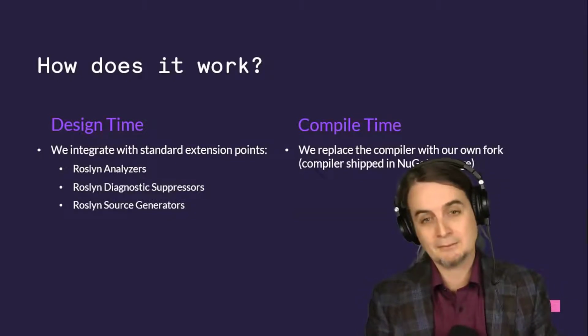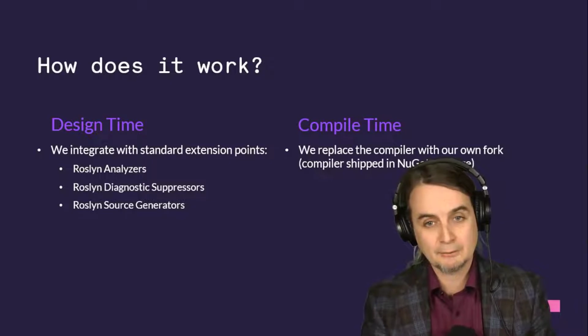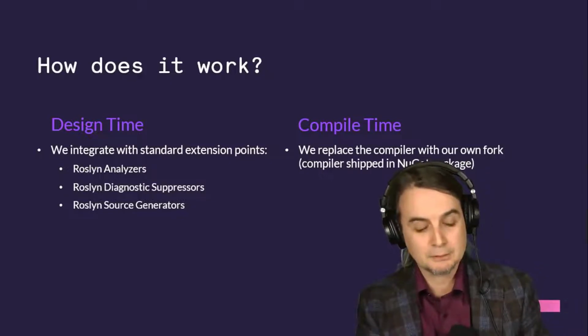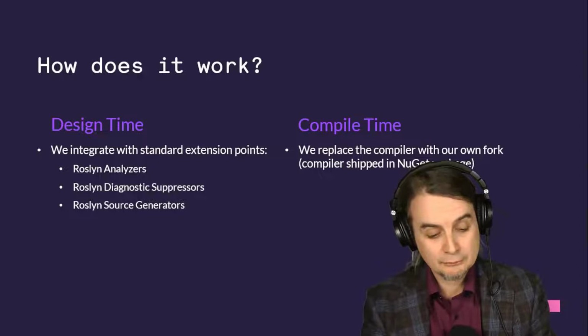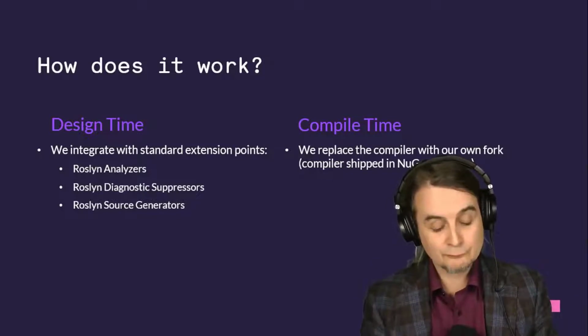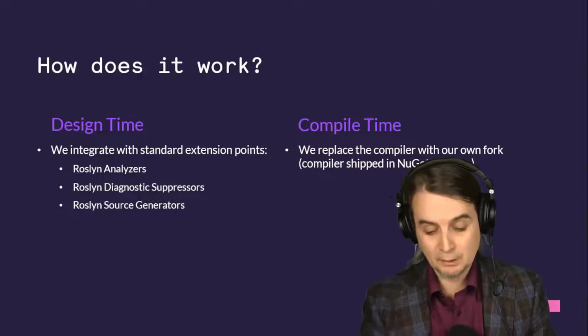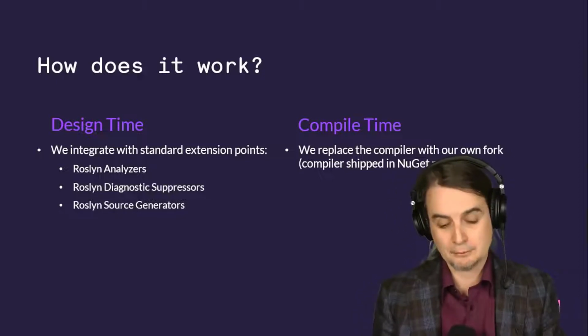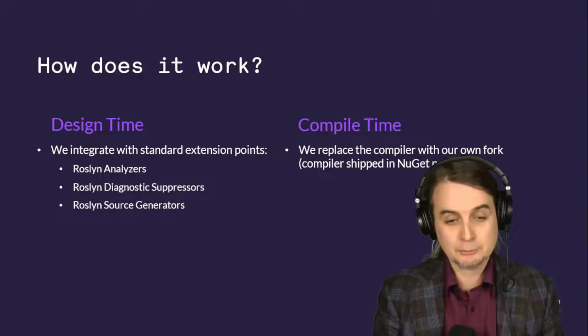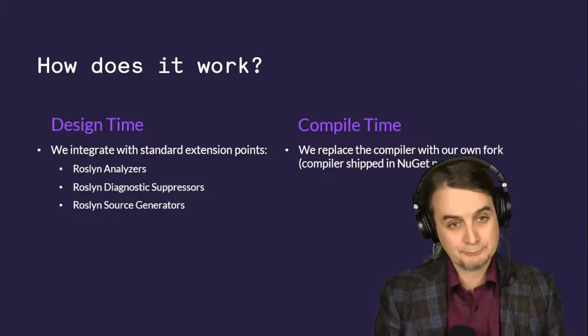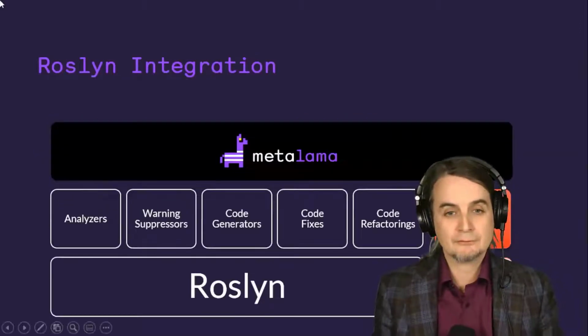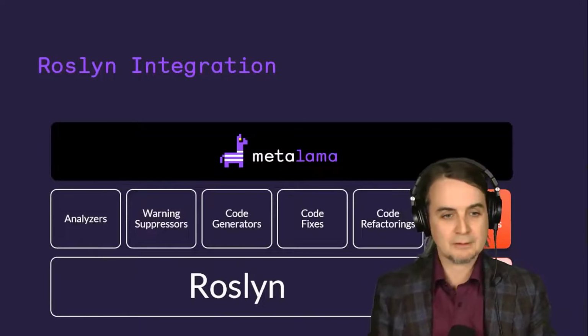But at compile time, we replace the compiler by our own fork, because the non-forked Roslyn is not able to replace code by another code. So you cannot transform code. You can add new code, but you cannot transform it. So this is our architecture here.